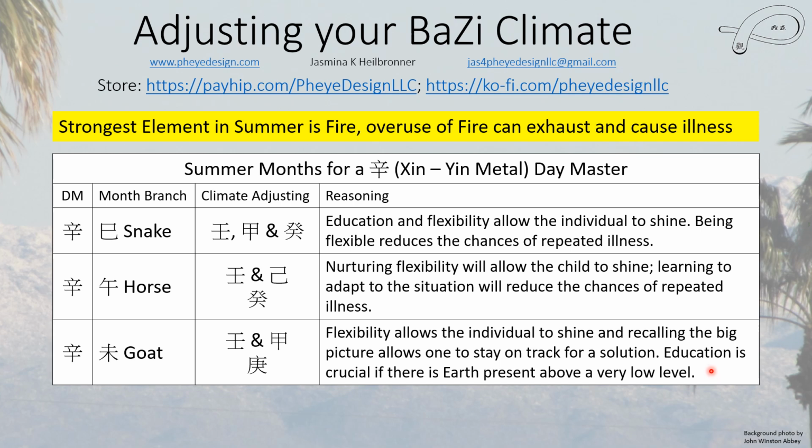You don't necessarily need education. Of course, education always helps, but if it's above about 15%, I would say you need education to become more flexible and be able to do that transformation that the Sin Metal really needs to do to be happy.